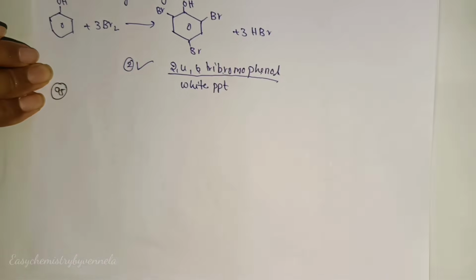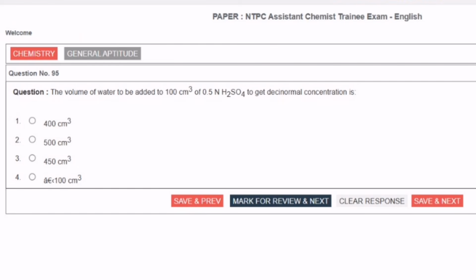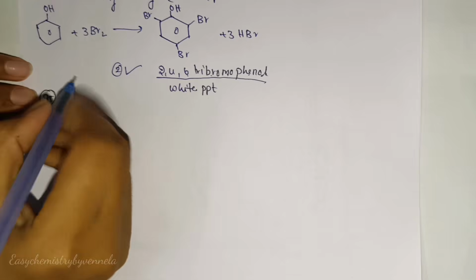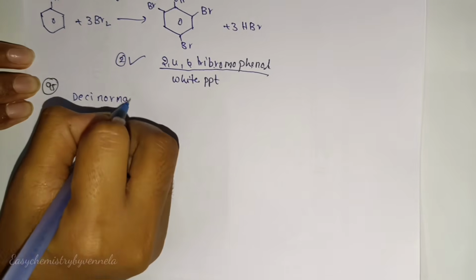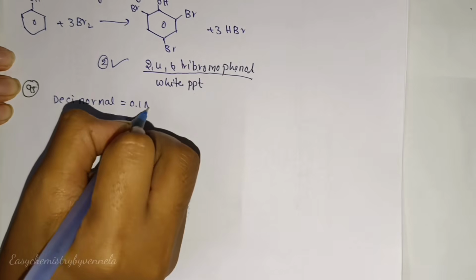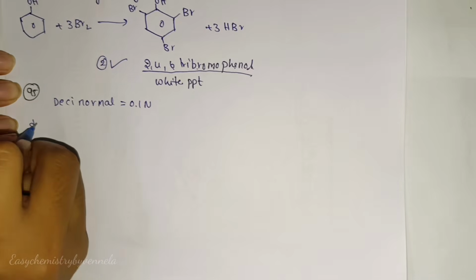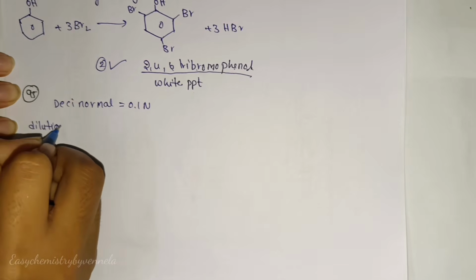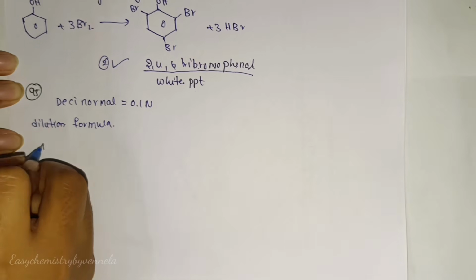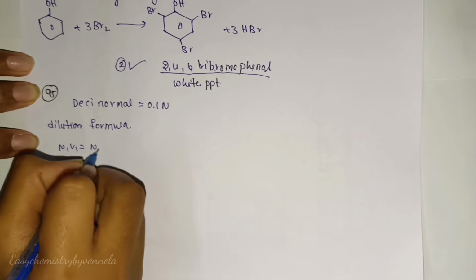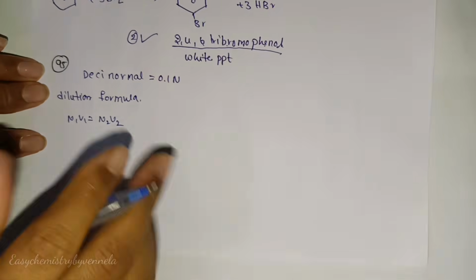Next question. The volume of water to be added to 100 centimeter cube of 0.5 N H2SO4 to get decinormal concentration is? Decinormal, how much? 0.1. What is the dilution formula? N1V1 is equal to N2V2.